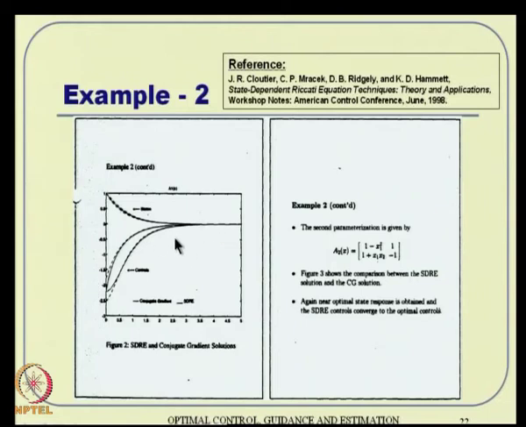You can notice they are close, but in the initial phase they are not close, okay. They become very close to each other as time evolves. This is the time axis, and this shows both your state and control: you have your x1, your x2, and u actually.